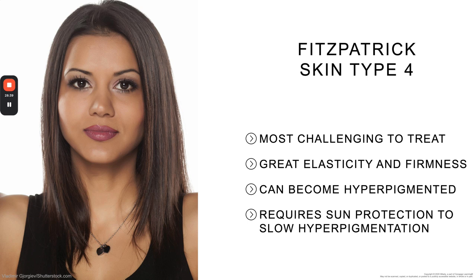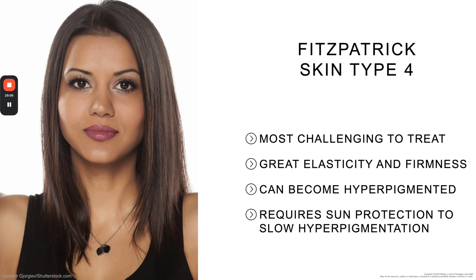So, what the text says is that it's considered to be one of the most challenging skin types to treat well. It has great elasticity and firmness and does not show signs of aging as quickly as your Fitzpatrick 1s and 2s. However, they can become hyperpigmented from treatments or aggressive exfoliation. So gentler exfoliation products are recommended for these clients.